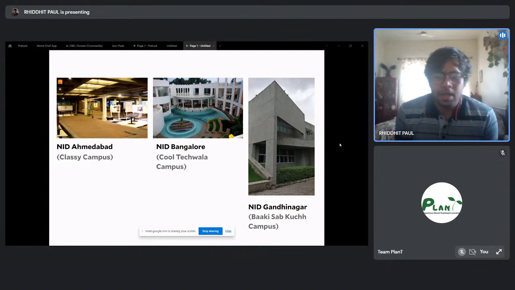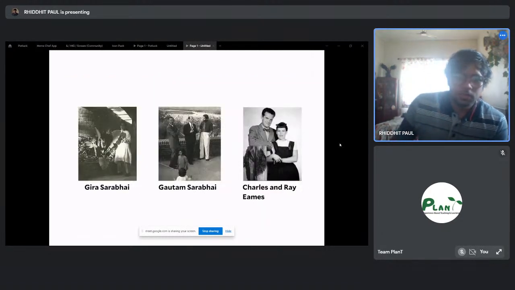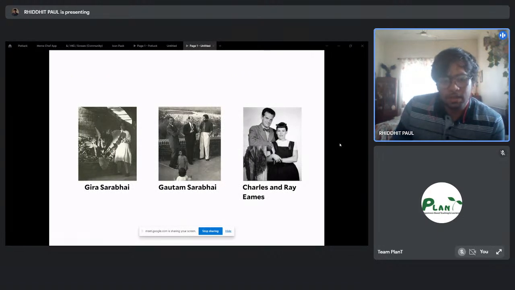And then there's NID Gandhinagar, which is like photography design, design management, all that stuff. So NID was founded mainly by these guys, Gira Sarabhai and Gautam Sarabhai.